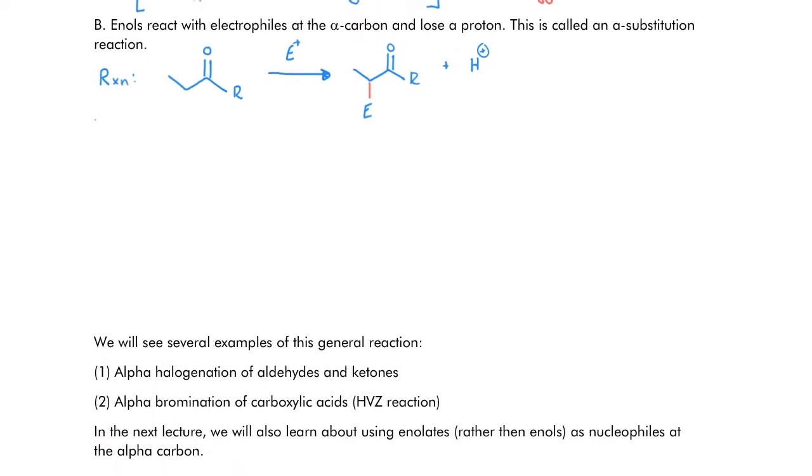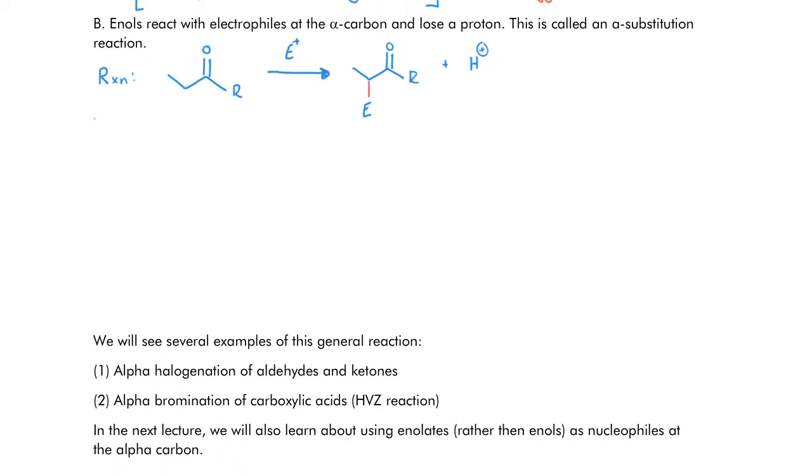That's known as the alpha substitution reaction. We will see a number of examples of this. We'll see examples of aldehydes and ketones being halogenated with chlorine, bromine, iodine, and also we'll see the alpha bromination of carboxylic acids, also known as the HVZ reaction.